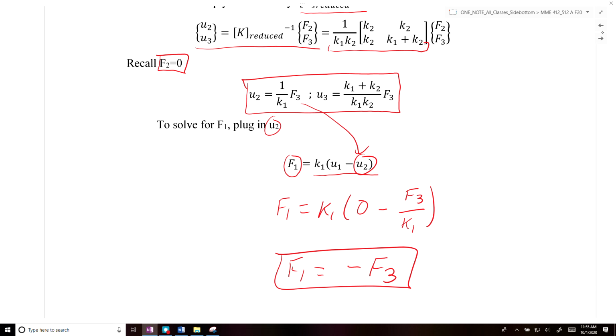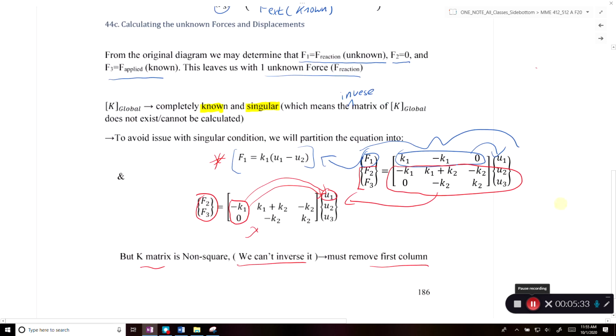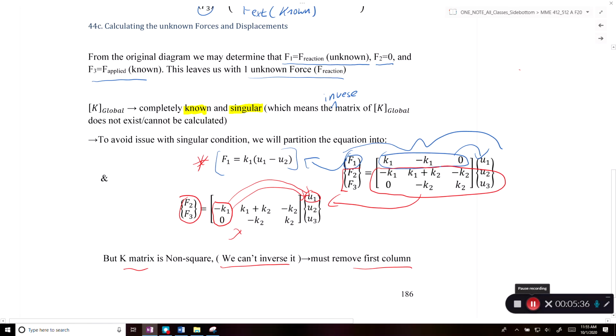So in short, we took our original global equation and broke it down, separating our known forces from our unknown forces, and then we were able to solve for the unknown displacements using the inverse of the reduced stiffness matrix.